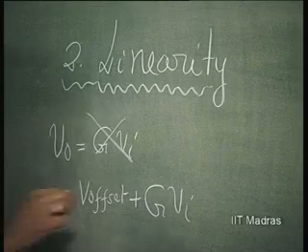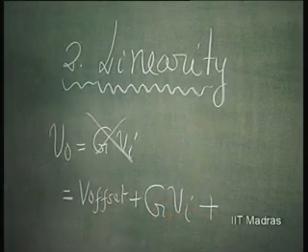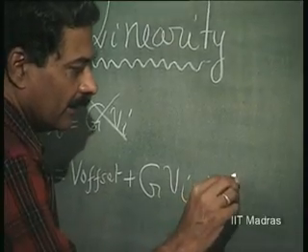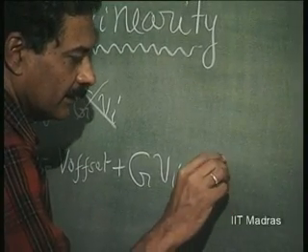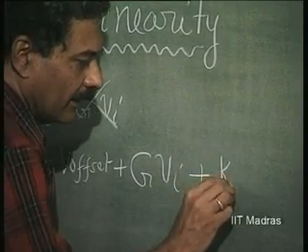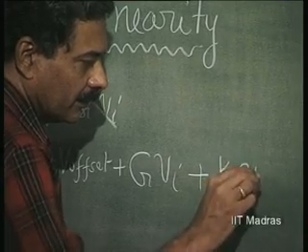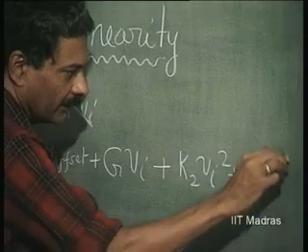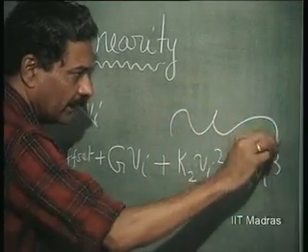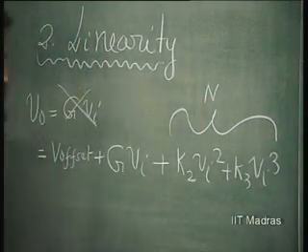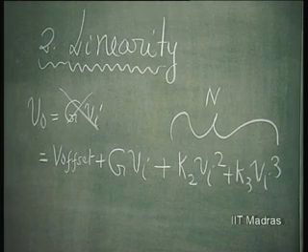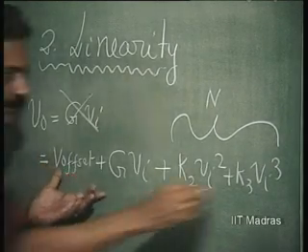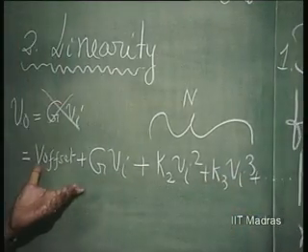Then we have nonlinearities, which will be all terms like k 2 times V I squared, k 3 times V I cubed. All these higher order terms are nonlinearities.